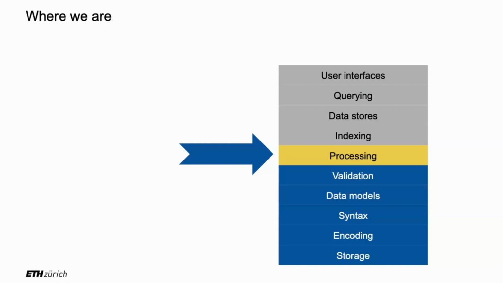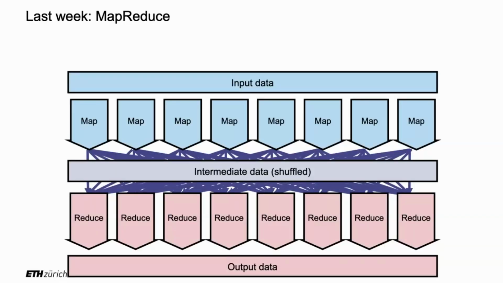So you see we are here on the processing layer. Everything below we've already covered, and now we are in the processing part. You saw that in MapReduce, it's basically a very simple model where you have a map phase and a reduce phase separated by the spaghetti in the middle, the shuffle phase. We saw how it can be executed in parallel on a cluster on slots, with sequences of tasks within each slot.